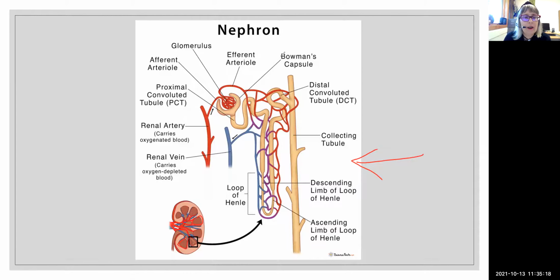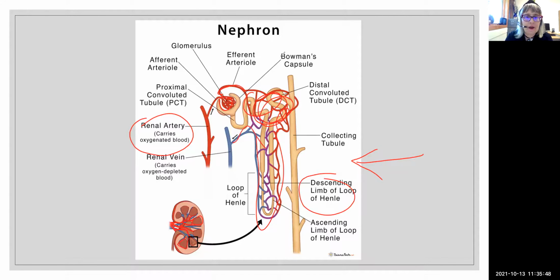We've got the renal artery, which splits up into, as you remember, segmental, interlobar, arcuate, which branches out into corticoradiate. Corticoradiate comes in as the afferent arteriole, glomerulus, which is right here, efferent arteriole, which is right here, peritubular capillaries right here, vasa recta right here around the loop of Henle.